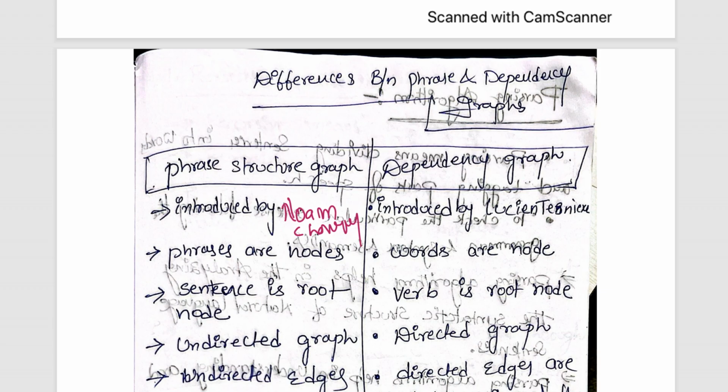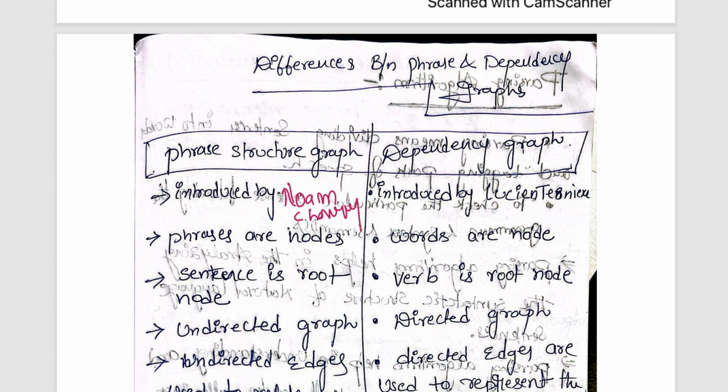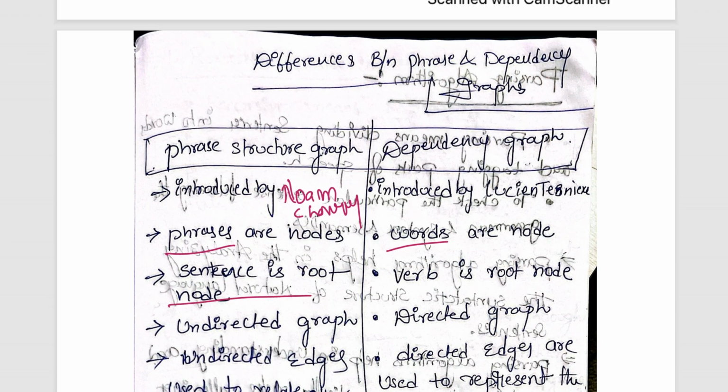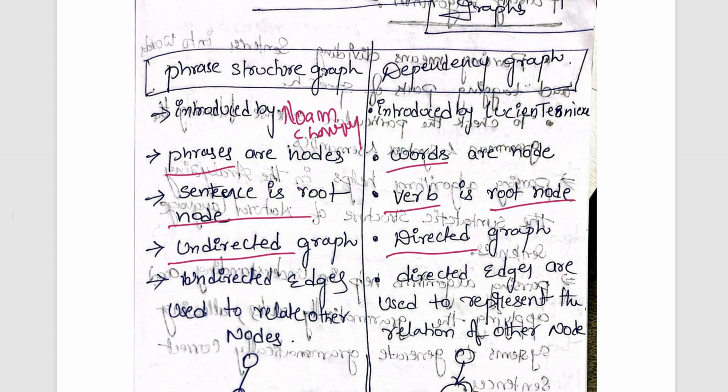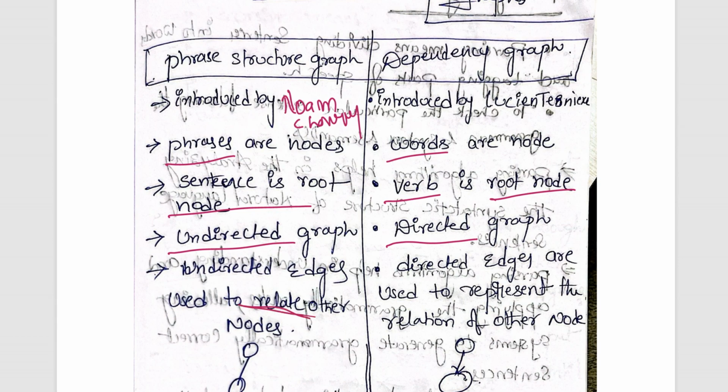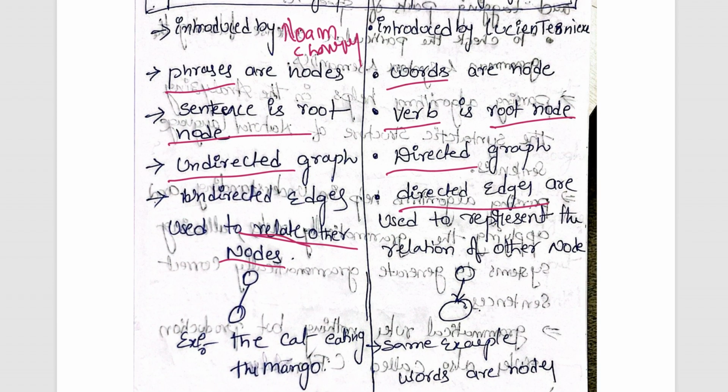It's very simple. First, who introduced it, the scientist's name. Then nodes are phrases here and words there. Sentence is the root node in the phrase structure, and verb is the root node in the dependency. The phrase structure graph is undirected and this one is directed: undirected edges relate the nodes there, and here directed edges relate the nodes.